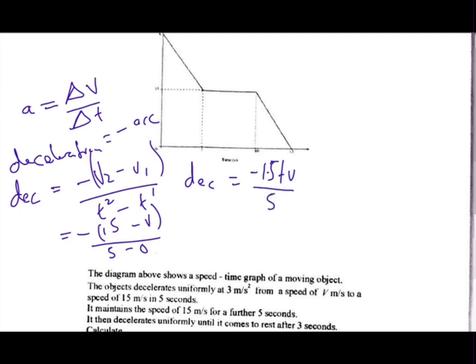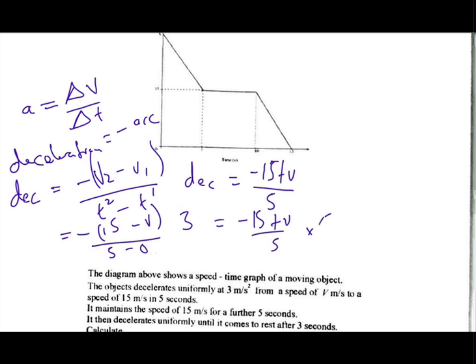Then we've been given the value of the deceleration. We've been given that it was 3 meters per second squared. So we just take that value and put it at the left side of the equation. 3 meters per second squared is equal to minus 15 plus v over 5.